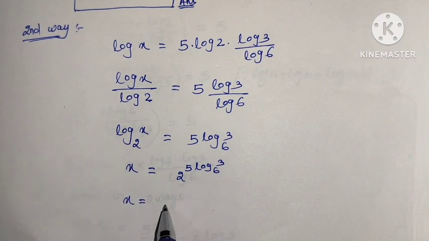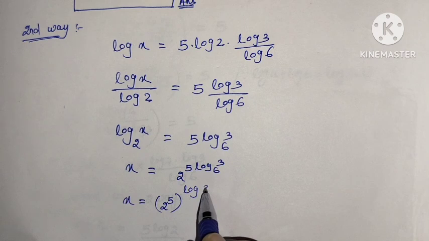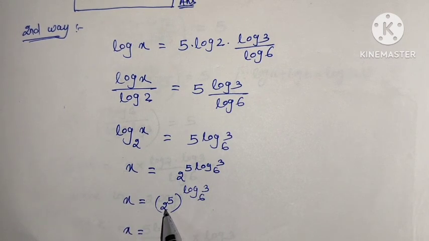Then x is equal to 2 to the power 5, whole to the power log 3 base 6. 2 to the power 5 means 2 is multiplied 5 times, so it is 32 to the power log 3 base 6.